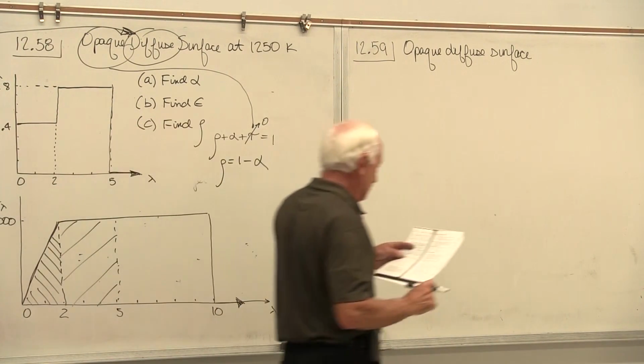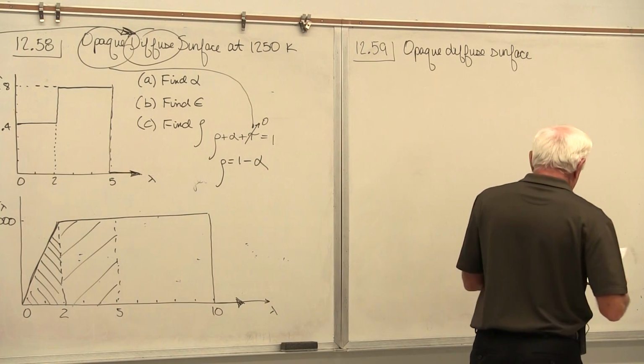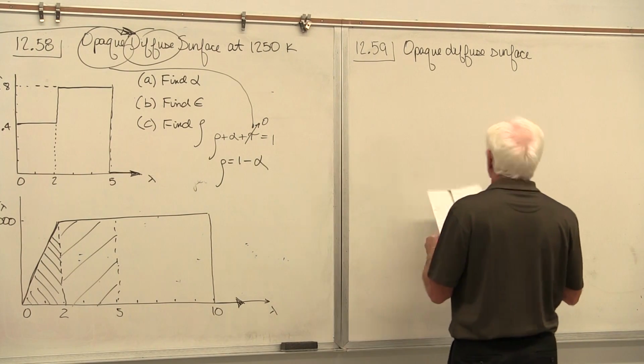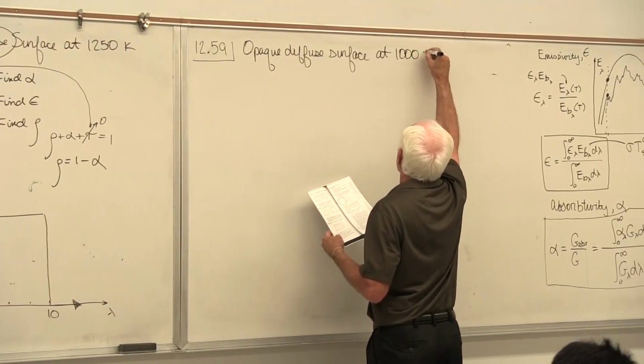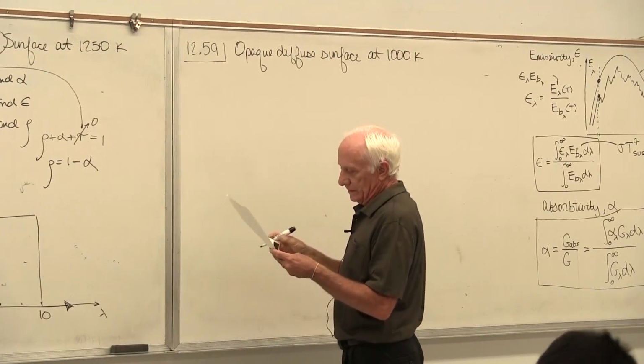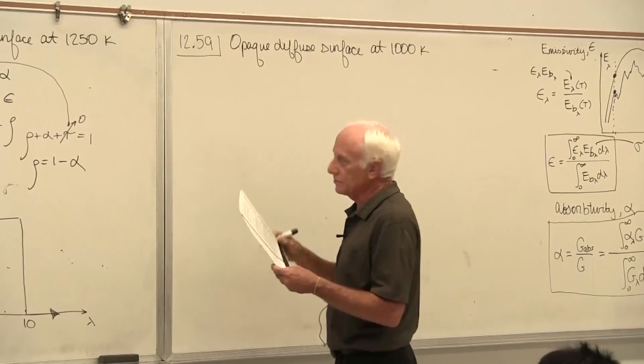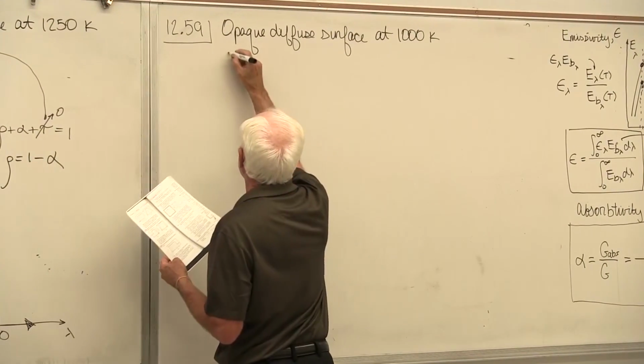Okay, now we'll do problem 1259. The surface is at 1,000. It's placed in a large room whose temperatures of the walls are 1,500.